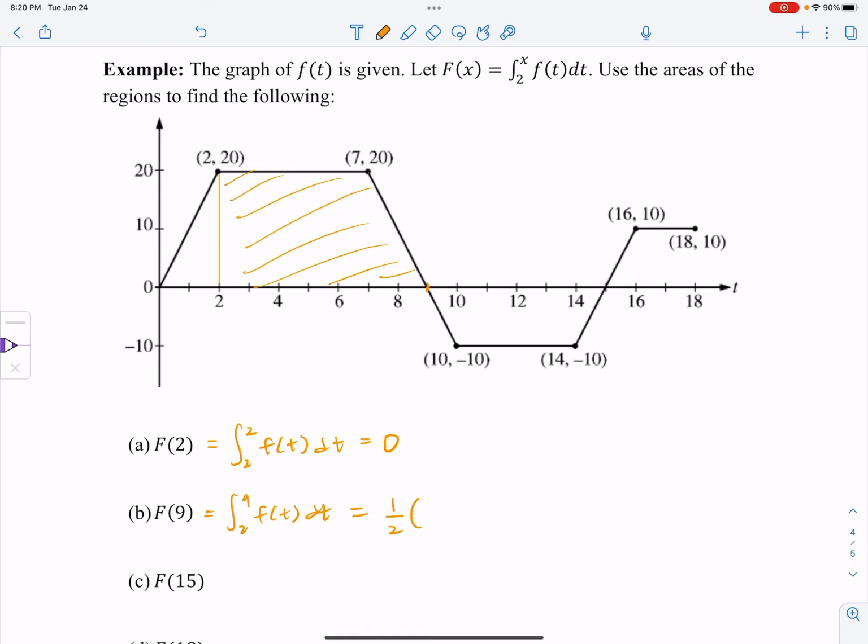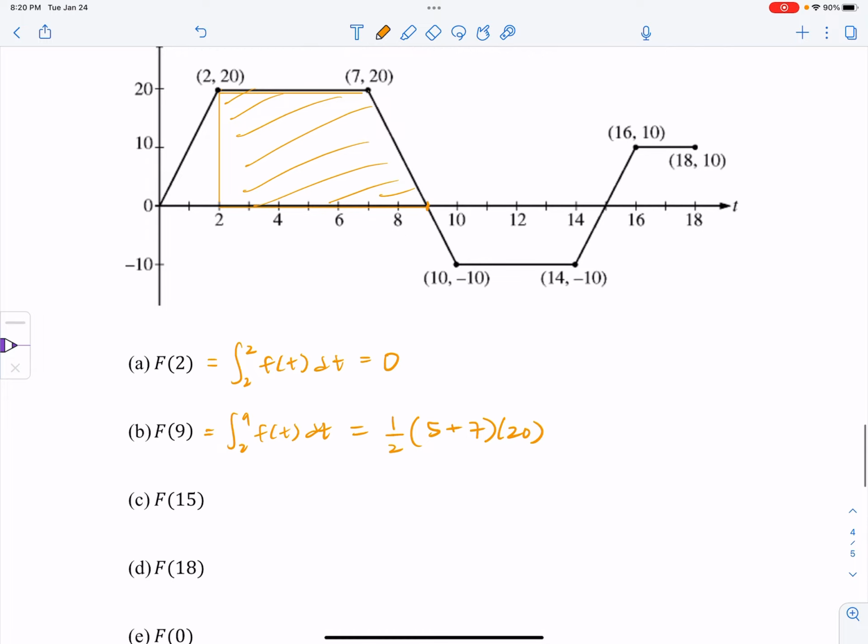It'll be 1/2 times, this side looks like 2 to 7, so it would be 5, plus 2 to 9, which is 7, and then it looks like the height is 20. Simplifying that, it ends up being 10 times 12, so 120.